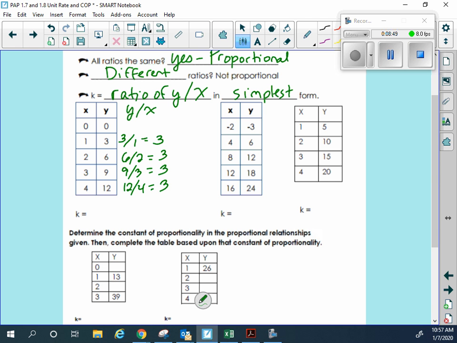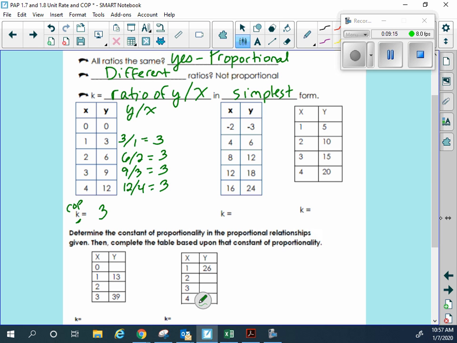So, are all of our ratios the same? Yes, so it's proportional, and since it's proportional, our constant of proportionality, or K, equals 3. You can put 3, or you can put 3 over 1. Either would be okay. Do you need units? No. Constant proportionality is just a number, unlike unit rate, which needs the units.